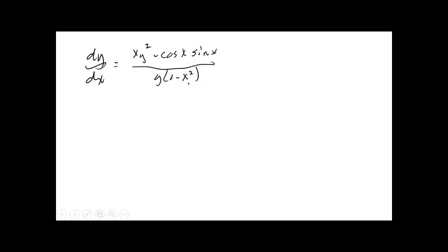Here it says, solve this, dy dx. Okay, dy dx is equal to xy squared minus cosine x sine x, divided by y times 1 minus x squared, with the initial condition that y of 0 equal 2.